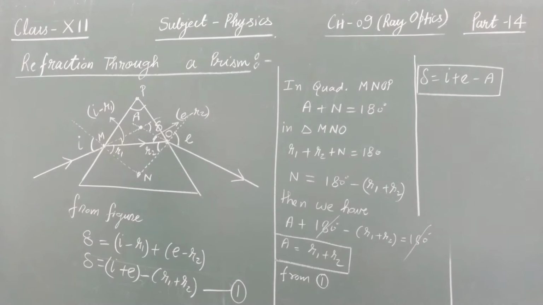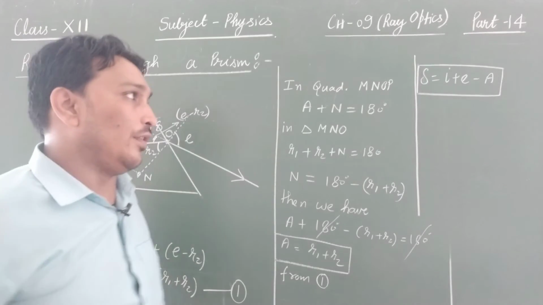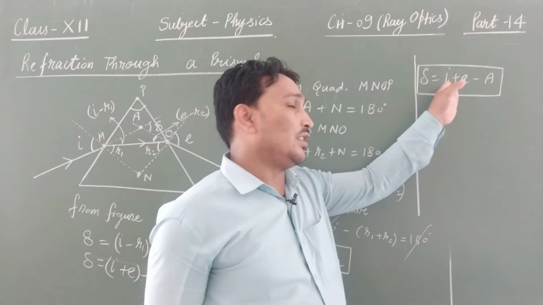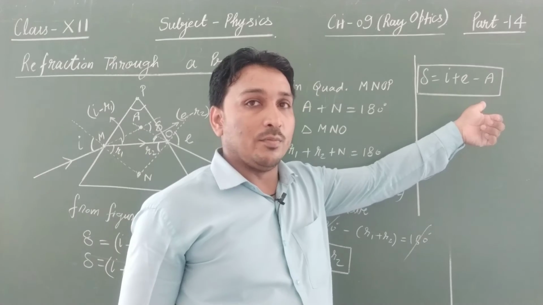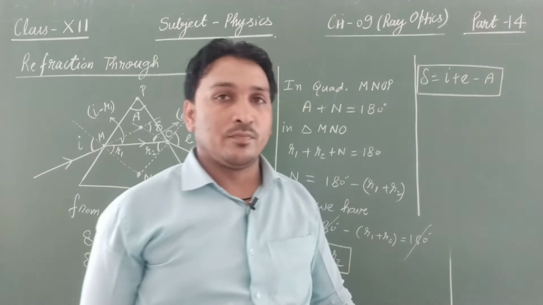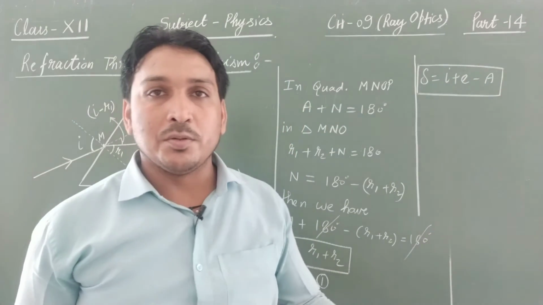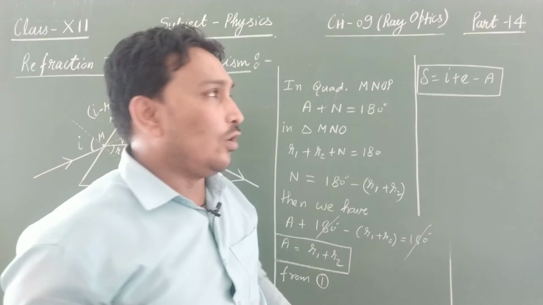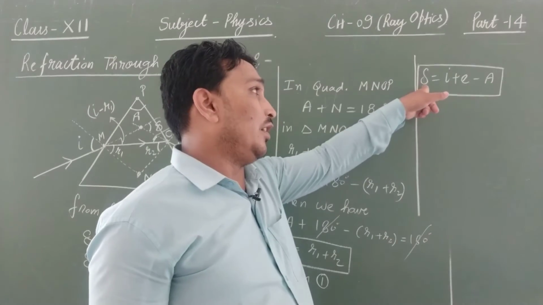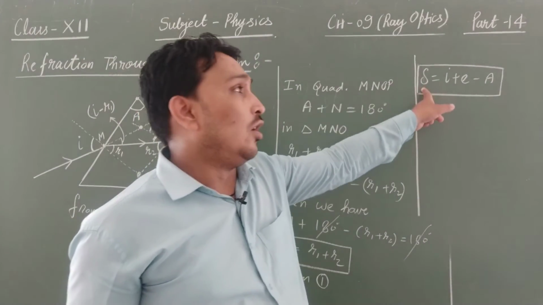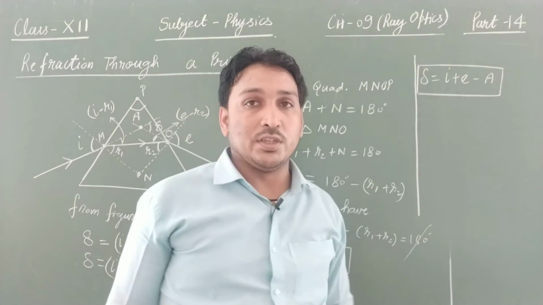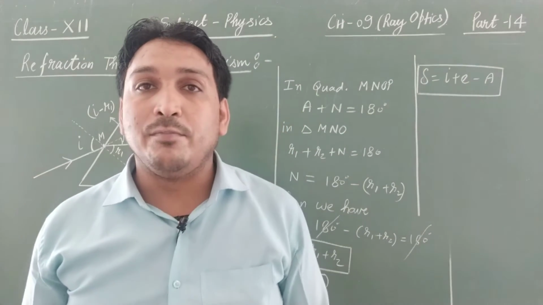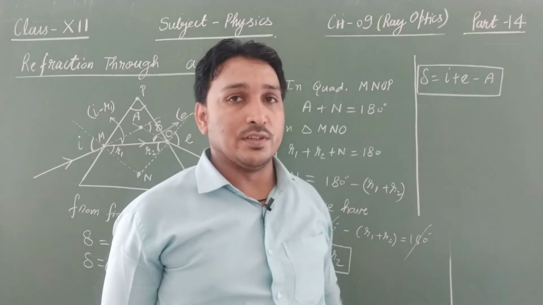From here it can be clearly seen that the angle of deviation depends upon angle of incidence, corresponding angle of emergence and angle of prism. For a prism, angle of prism is going to be fixed. So if we want to understand the dependence of angle of deviation on angle of incidence and angle of emergence, we have to plot a graph between angle of deviation and the angle of incidence.